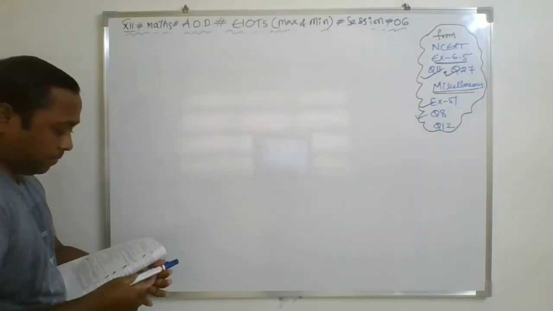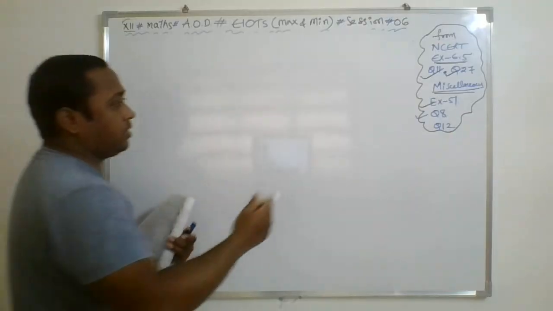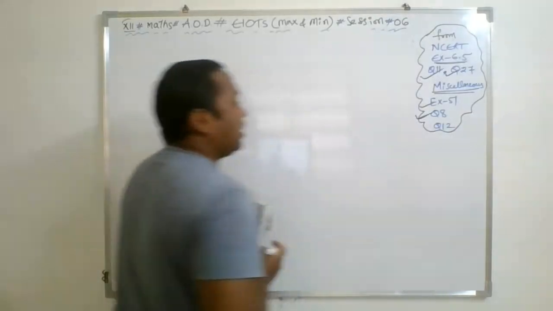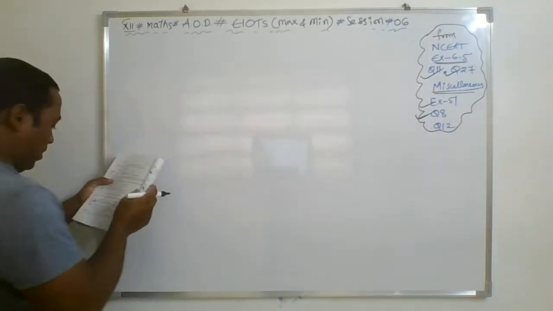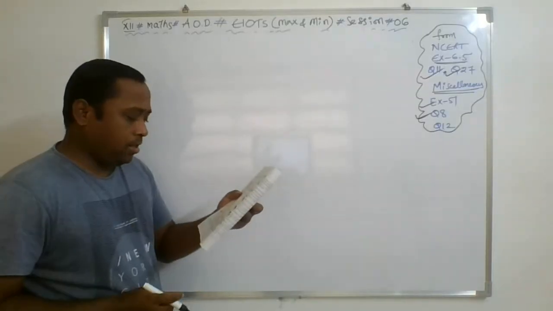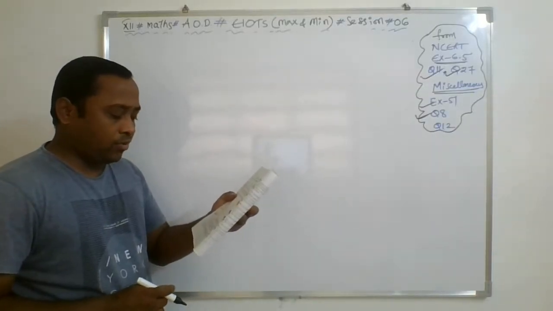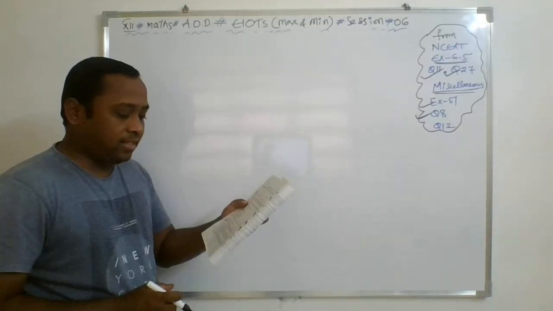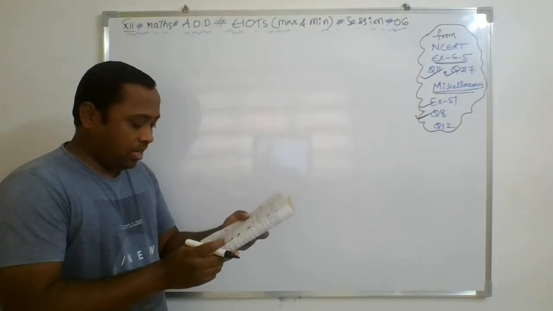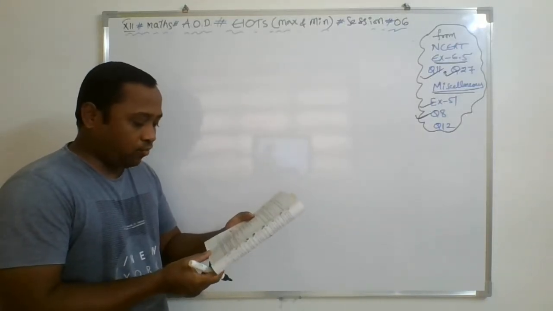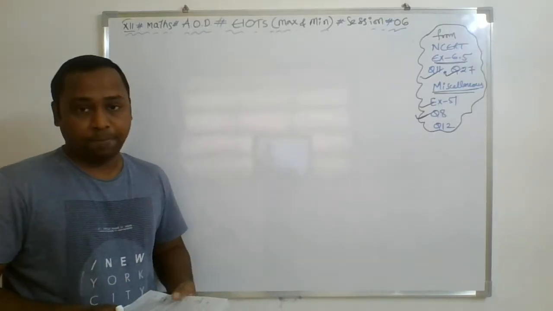Question number 8 says: find the maximum area of the isosceles triangle which is inscribed in the ellipse, whose general equation is x square by a square plus y square by b square equal to 1, with its vertex at one end of the major axis.